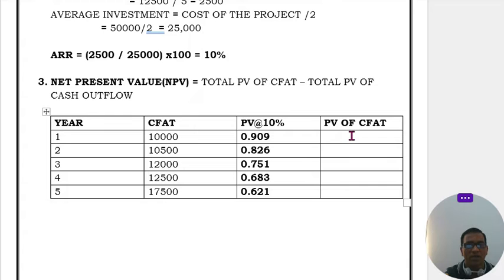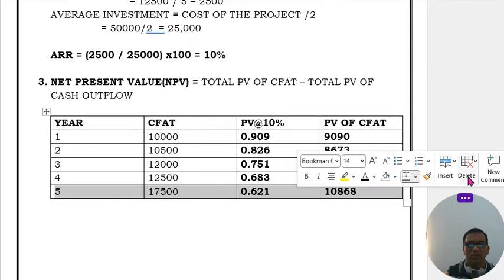So 10,000 into 0.909 is 9,090. 10,500 multiplied by 0.826 is 8,673. 12,000 multiplied by 0.751 is 9,012. 12,500 multiplied by 0.683 is 8,537.5, rounded to 8,538. 17,500 multiplied by 0.621 is 10,867.5, rounded to 10,868.